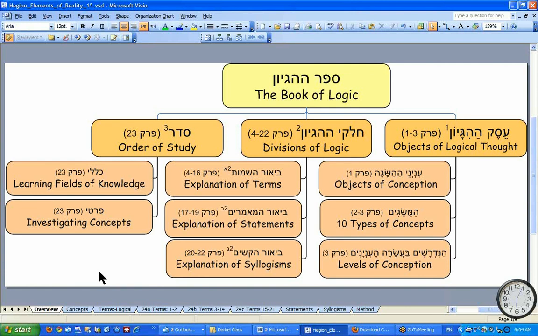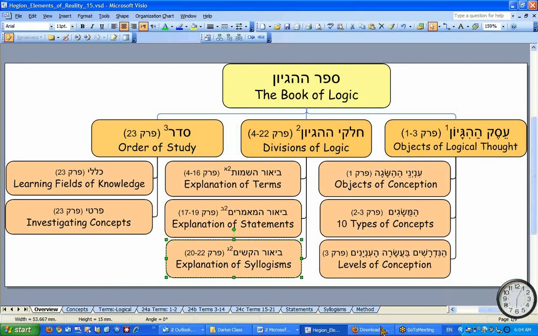We're in the middle portion of the Sefer, where he's explaining to us the terms, statements, and syllogisms, and we're in that third part now, which is explaining syllogisms. Last week we discussed the foundation of a syllogism.